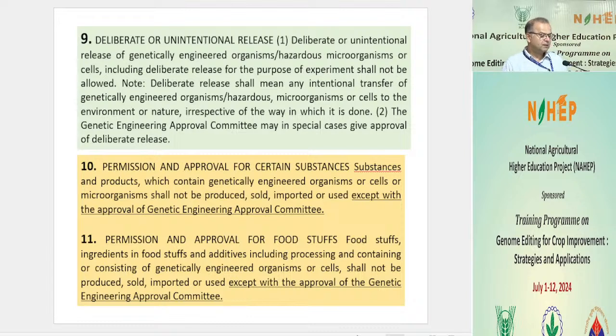So the institutional biosafety committee has been given authority to give you permission, and that in fact hastened the process, because the institutional biosafety committee is right at your institution. At any point of time you can approach and seek permission. The process will be very fast, and then once it is proven that it is free from exogenous DNA, it will be treated as a normally bred variety. Okay. So that is the kind of enthusiasm that has come.